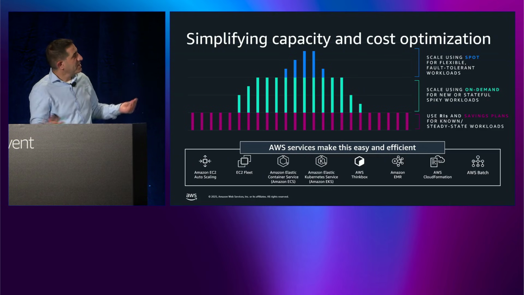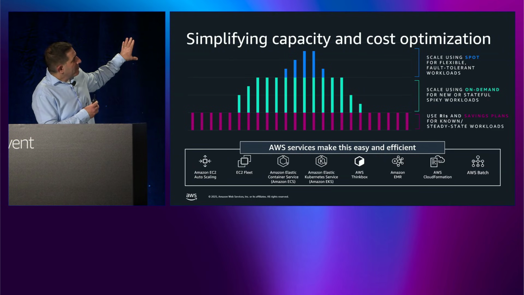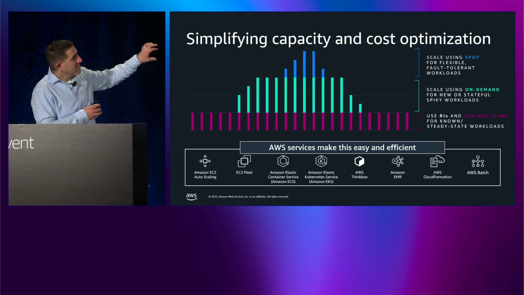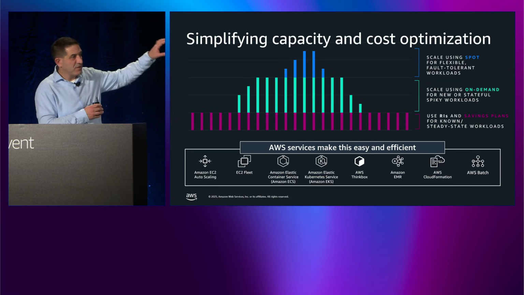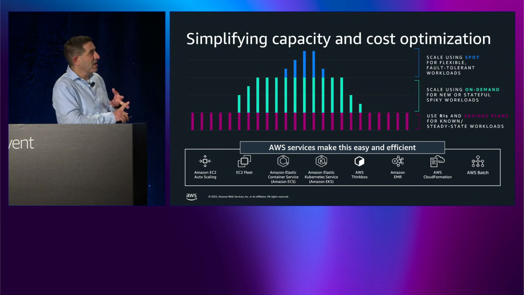And so how do we layer these all together? What we like to talk about is using, for the steady state workloads, the very bottom, capacity reservations and savings plans for that known steady state workload, to optimize both from a capacity perspective as well as a cost perspective.